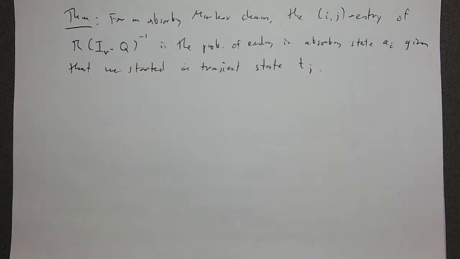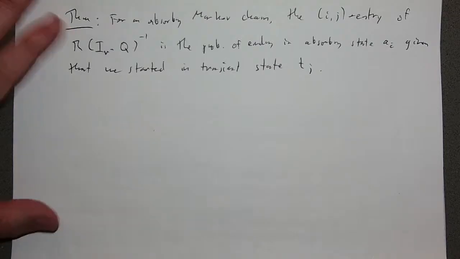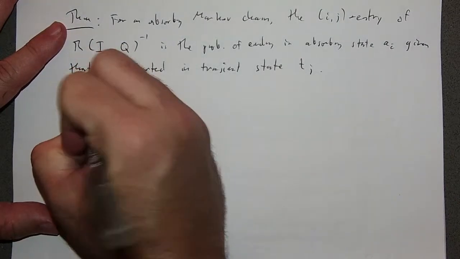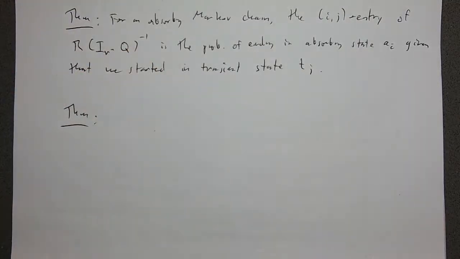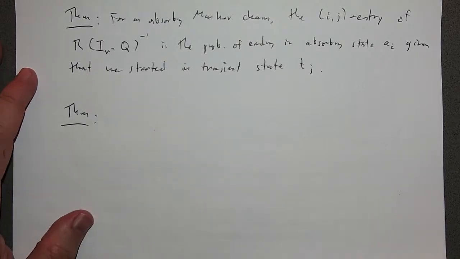Now recall that when we did this before, we actually got even more info out of the matrix in question. So I'm going to write one more theorem here. What about the matrix (I minus Q) inverse?